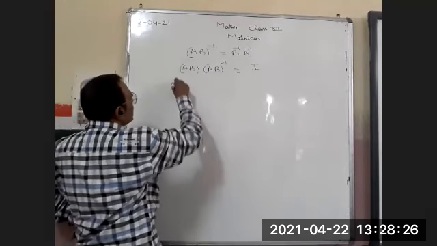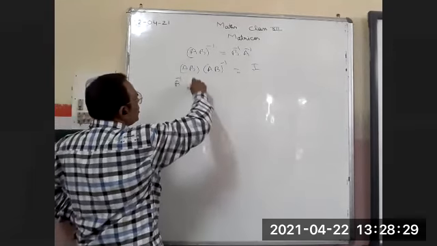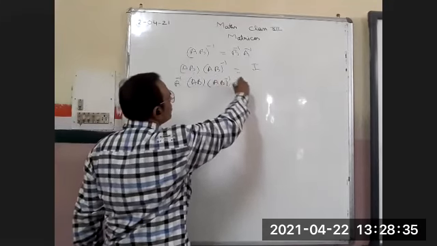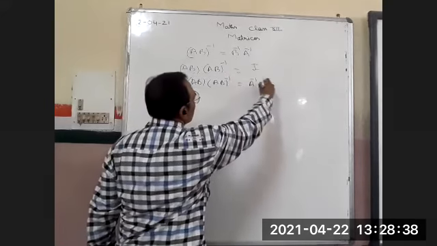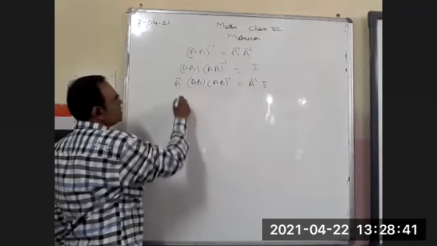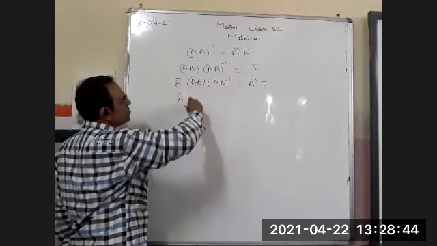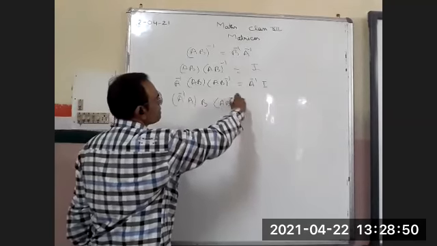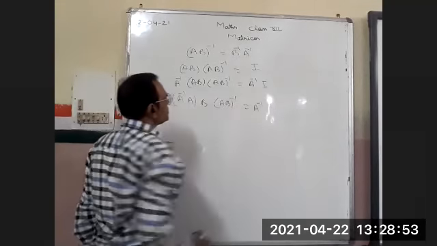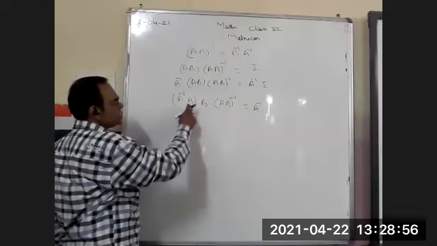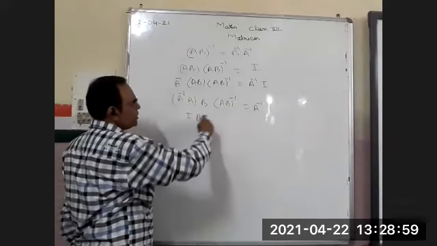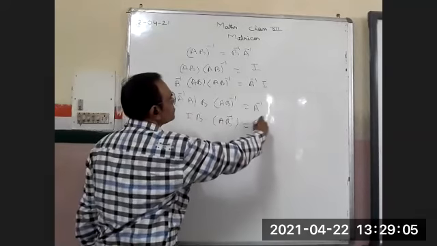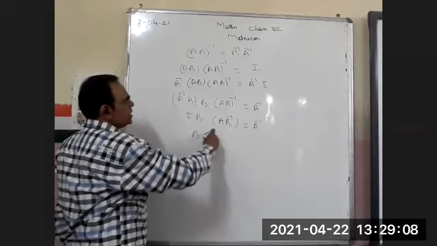Then A inverse A we can take separately, and A inverse A is equal to the identity matrix, so I into B, AB inverse is equal to A inverse.